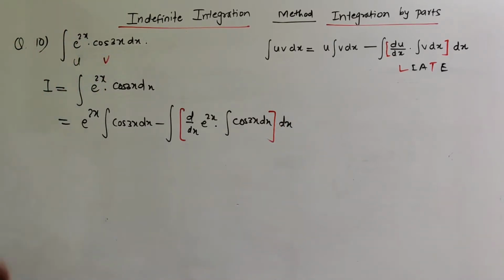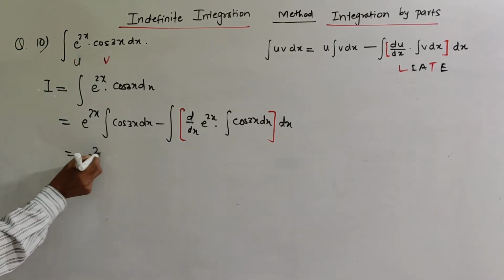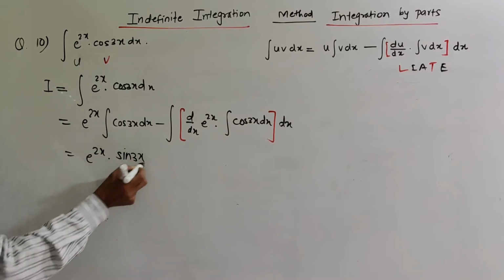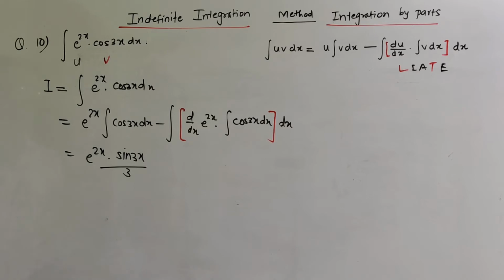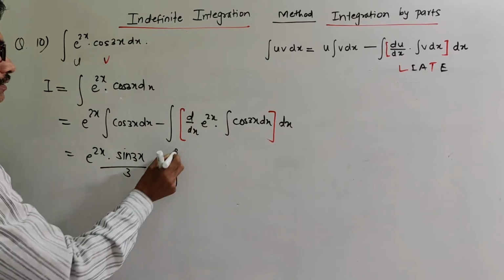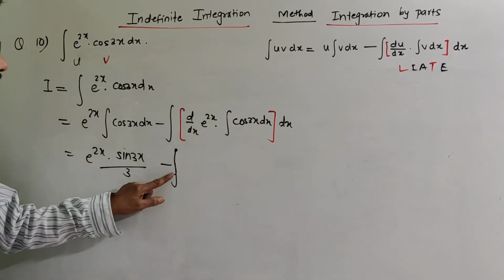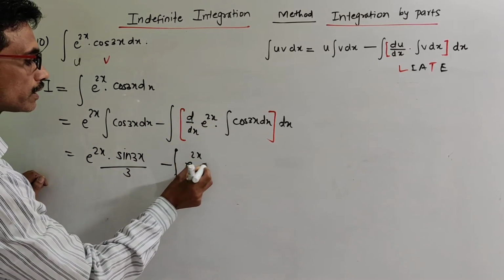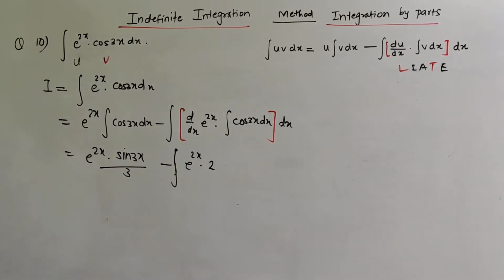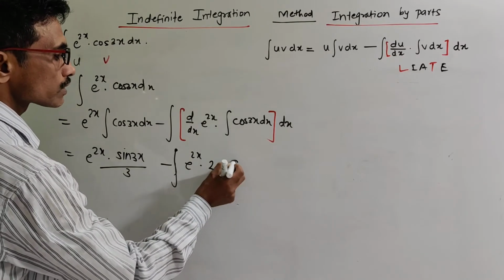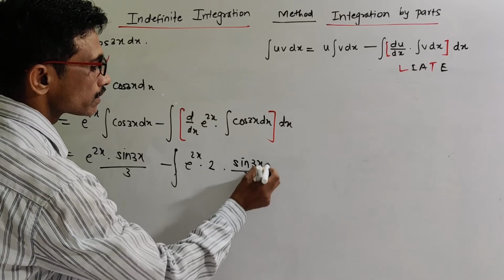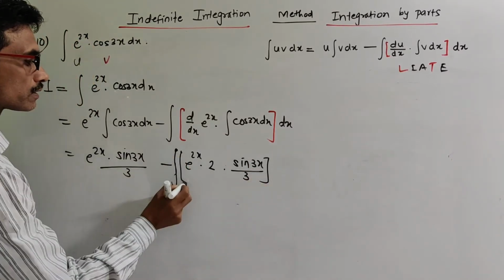So integration of e raised to power 2x, and integration of this is sin 3x upon 3, minus integration of derivative of e raised to power kx, that is e raised to power kx into k, but this integration is what, sin 3x upon 3, and this completes dx.